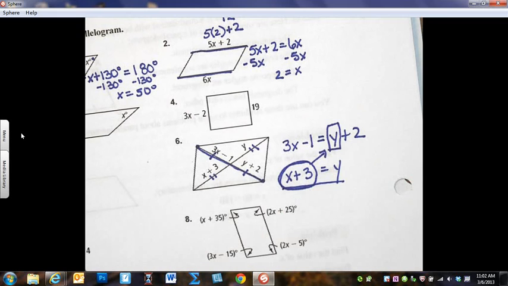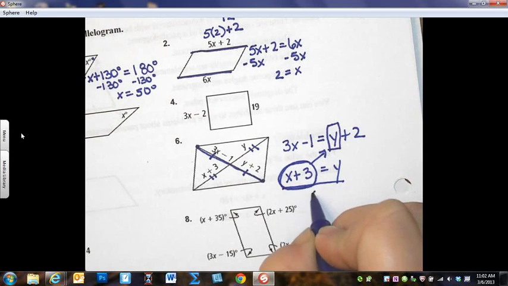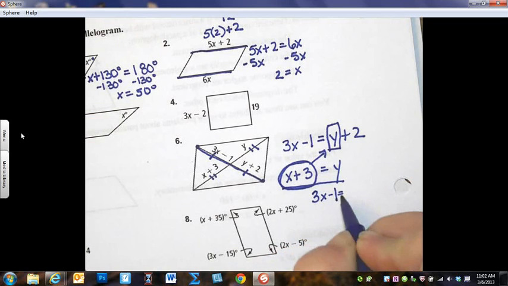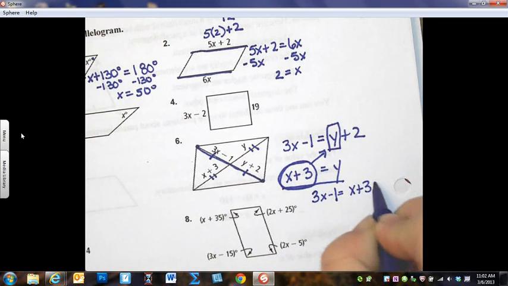So over here, I'm going to rewrite this expression, and I'm going to plug this x plus 3 in for that y. So that would be 3x minus 1 equals x plus 3 plus 2.